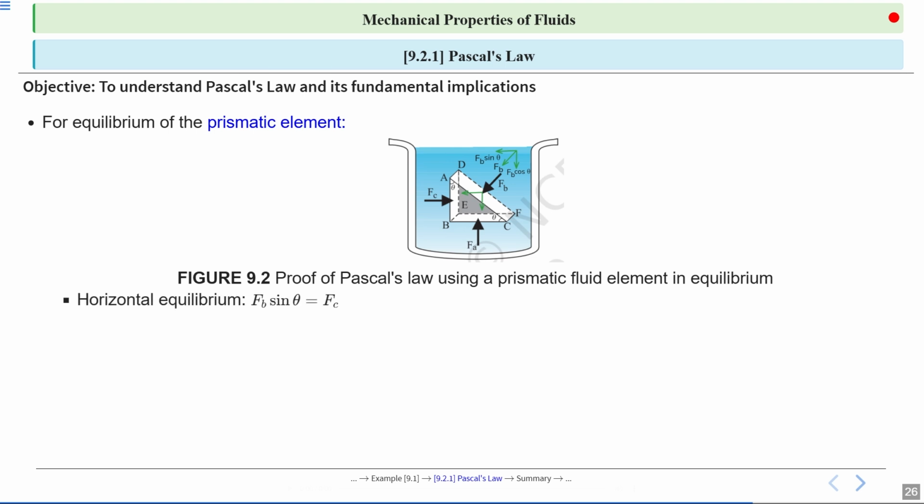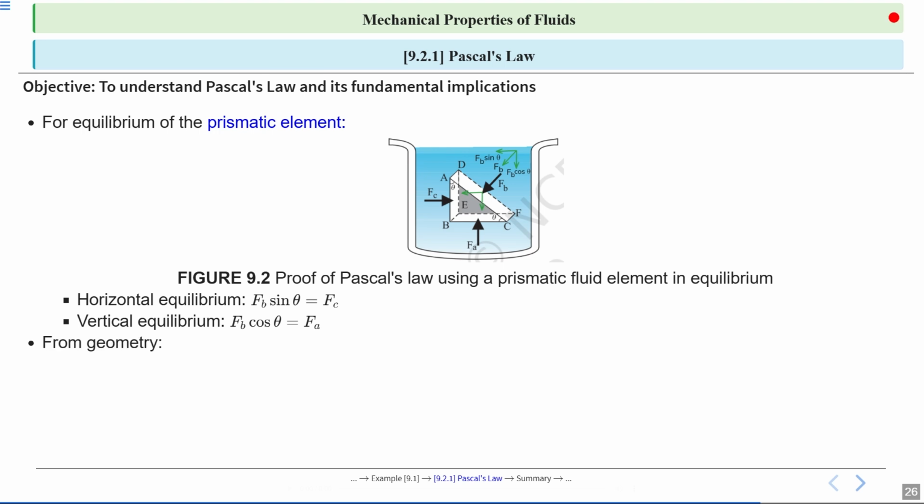So, consider the horizontal equilibrium. The equation FB sin theta equal to FC shows us that the horizontal component of the force on one face of the element is balanced by the force on the opposite face. Next, we have the vertical equilibrium. The equation FB cos theta is equal to FA indicates that the vertical component of the force is balanced by the force on the top face of the element.